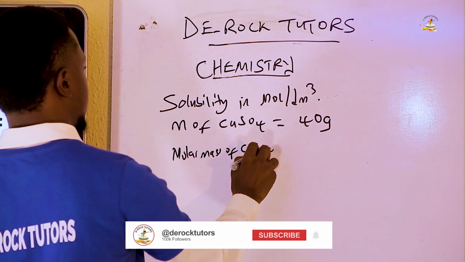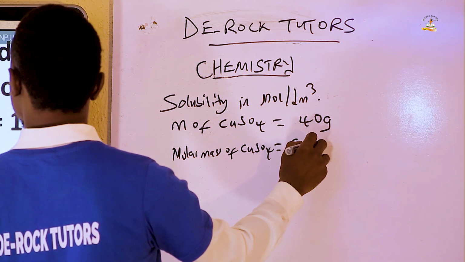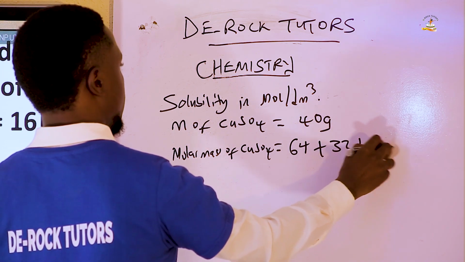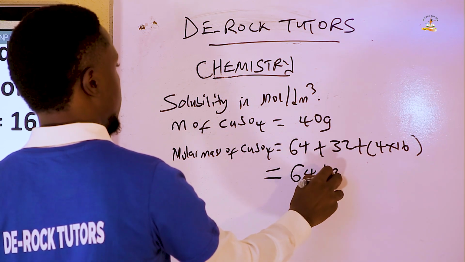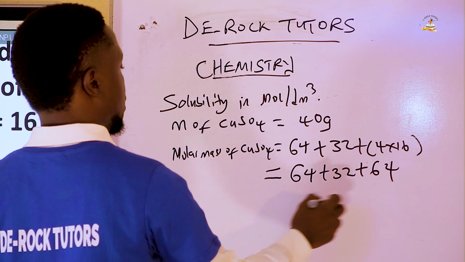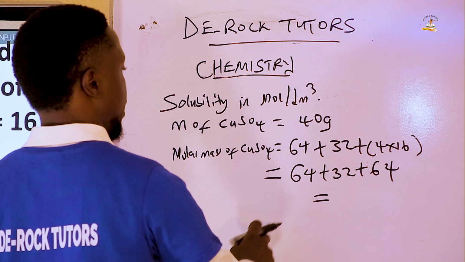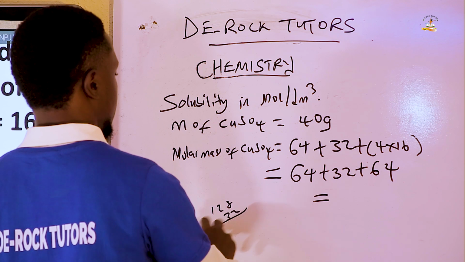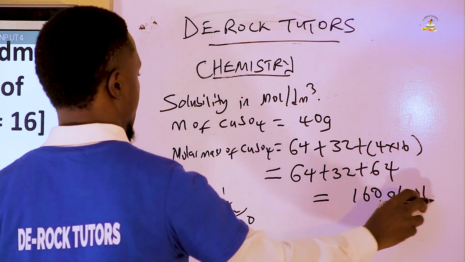That will be 64 plus 32 plus 4 times 16. Okay, that's 64 plus 32 plus 64. Adding it all together, 64 plus 64, that's 128. 128 plus 32, 160 grams per mole.